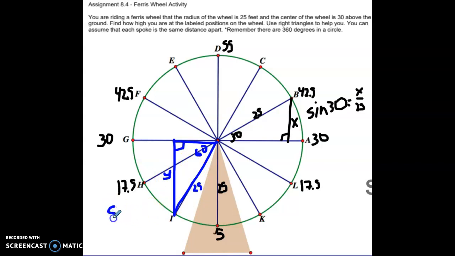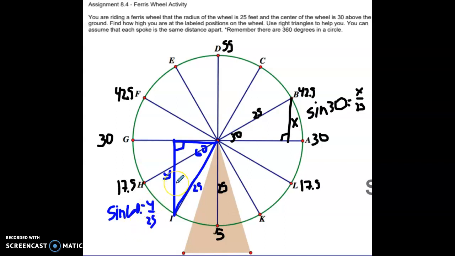So I'm going to use sine again, only this time it's sine of 60 equals the opposite, which is y, over 25. And again, to solve for y, we're going to multiply both sides by 25. So you're going to grab a calculator and go 25 times the sine of 60, which is 21.7. Let's round to the nearest tenth.